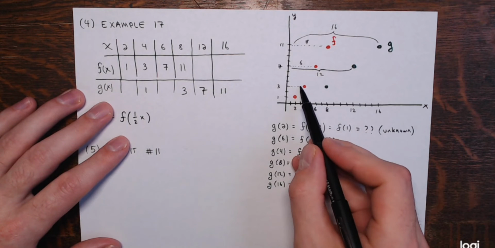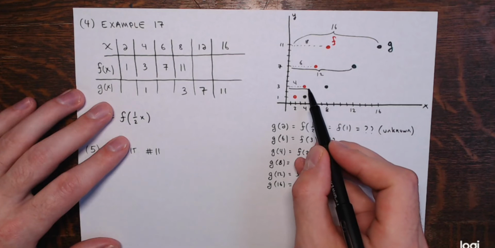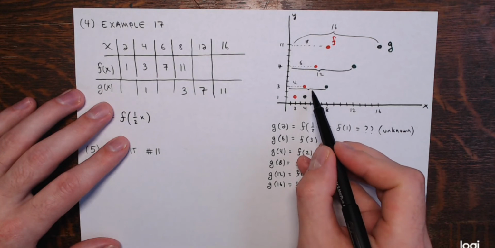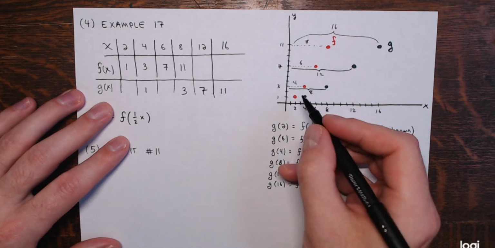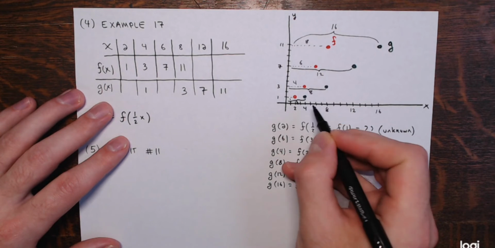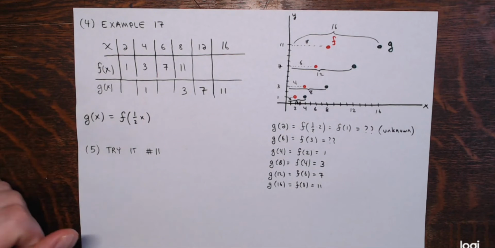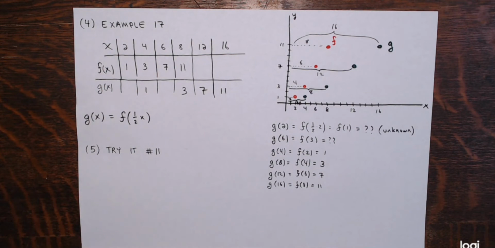This point here was 4 units away from the y-axis, and the point on g is 8 units away. Doubled. And then here, this is 1 unit, and the point on g is 2 units. Doubled. For every single one of these points on f, the point on g is twice as far away from the y-axis. And that's going to happen in general.